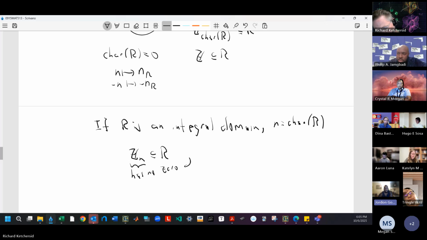So n has to be prime. And so it's a field, and so it's got to be some Zp for p prime. Those are the only ones that don't have 0 divisors, right?